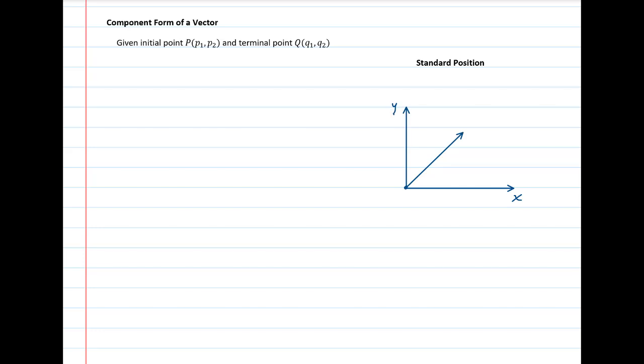Instead of having an infinite number of ways of representing the same vector, we look at one position that gives us a unique representation, which we're going to call the component form of a vector.